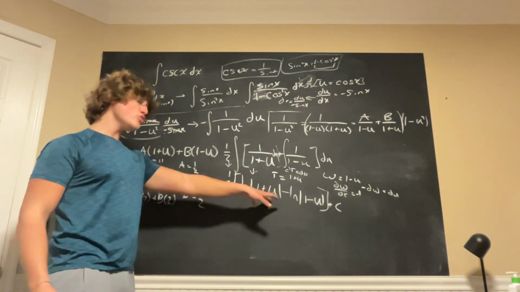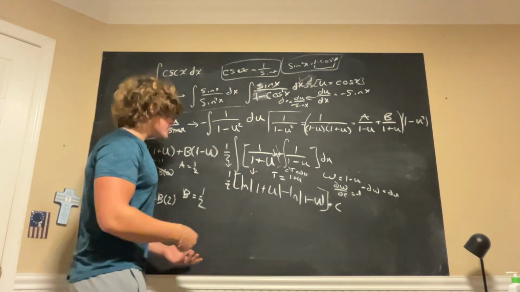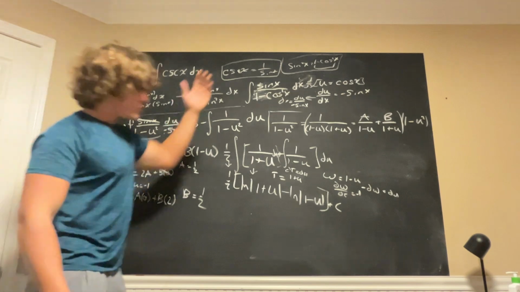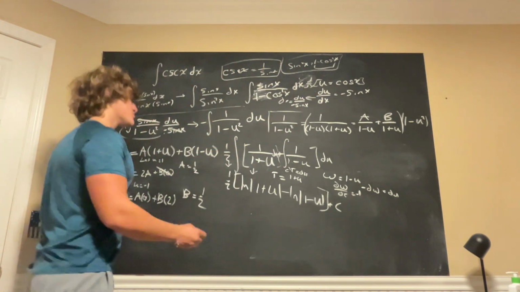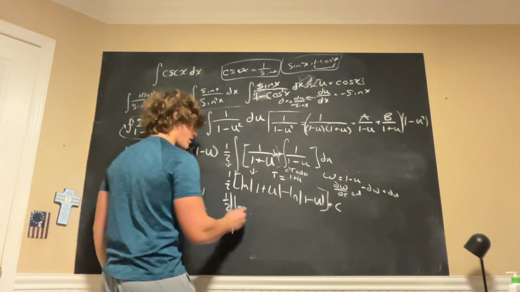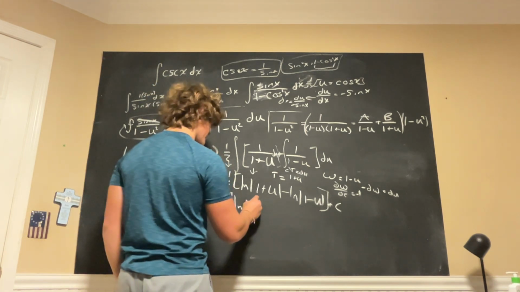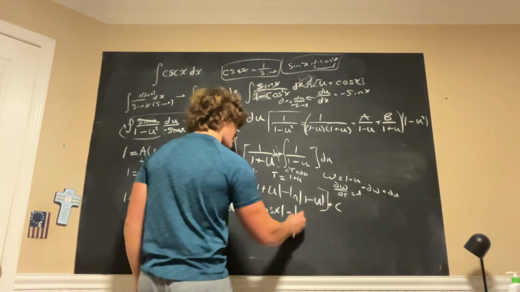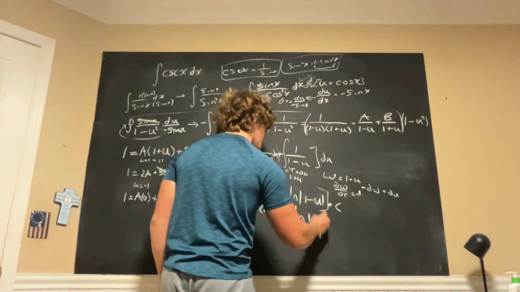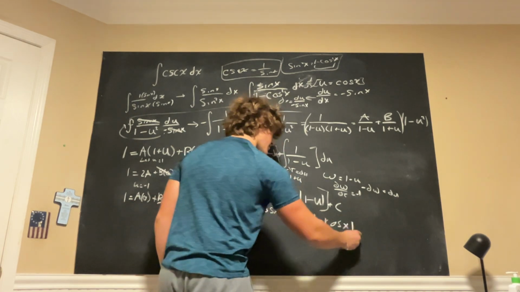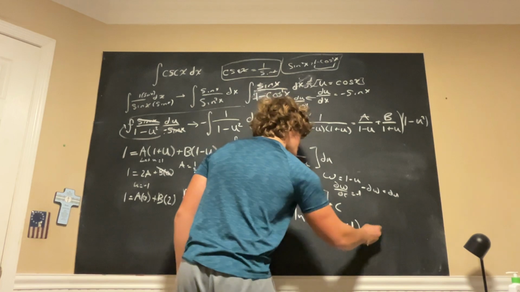So now u, if we remember, is just cosine of x. U is equal to cosine of x. So this is 1/2 ln of absolute value 1 plus cosine x minus ln of 1 minus cosine of x plus c.